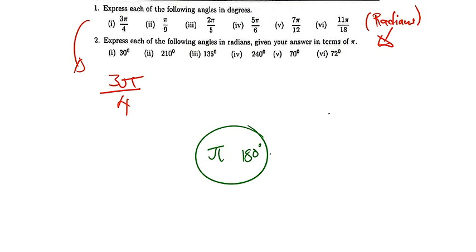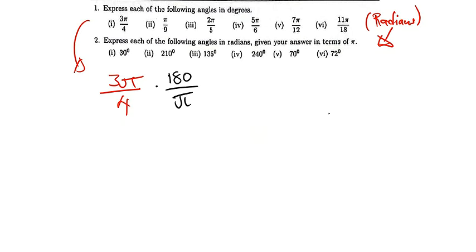Given 3 pi over 4, there are two ways you can handle it: either multiply by 180 over pi, putting pi on the denominator so that it divides. Then the pi cancels and you end up with 3 multiplied by 180 over 4.